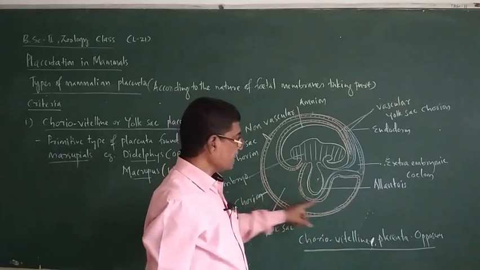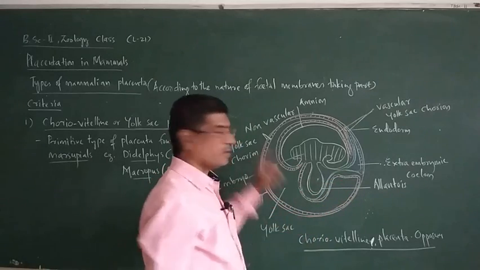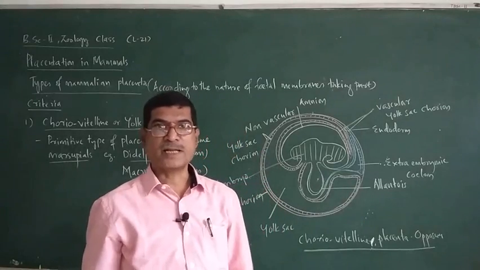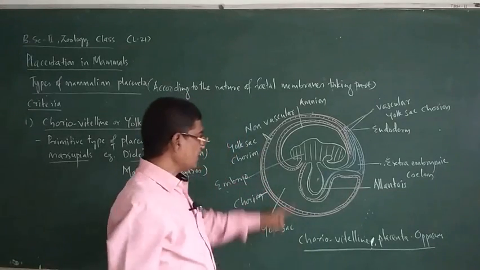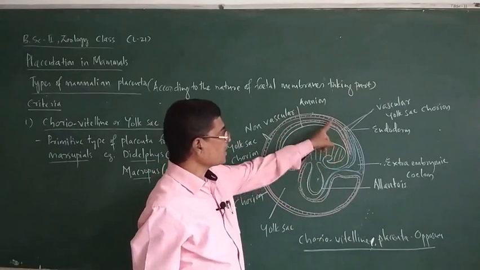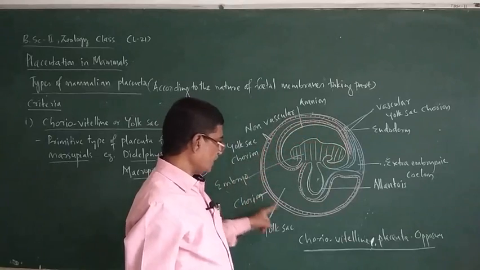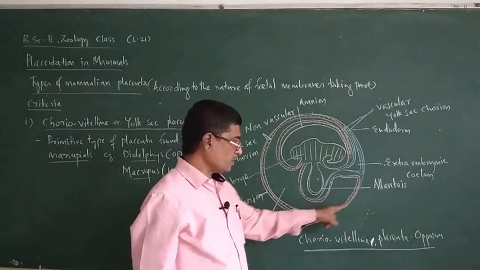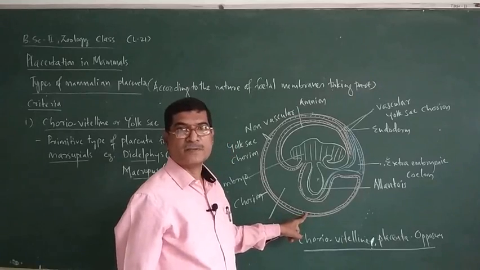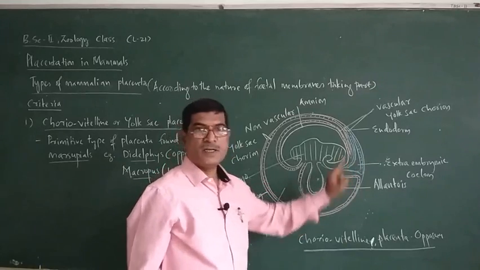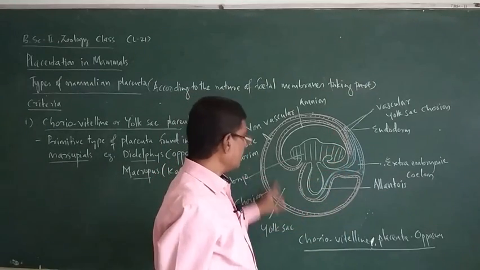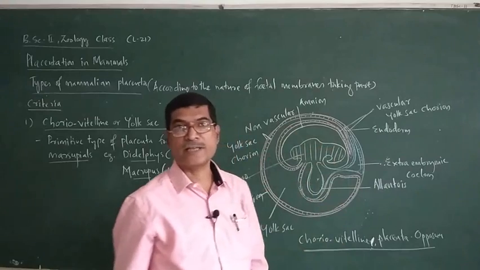Whereas yolk sac is very broad. Very large size yolk sac membrane is there. This yolk sac membrane touches the chorion. Can you see here? Chorion comes in contact with yolk sac. So the chorion gets blood supply from the yolk sac membrane.